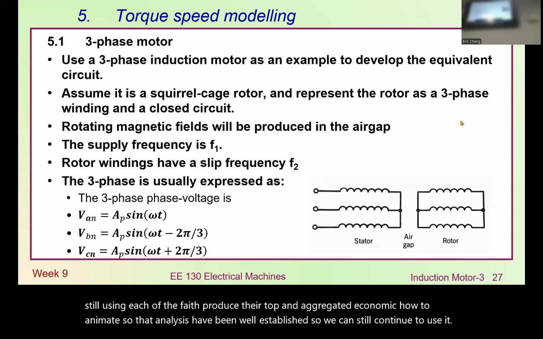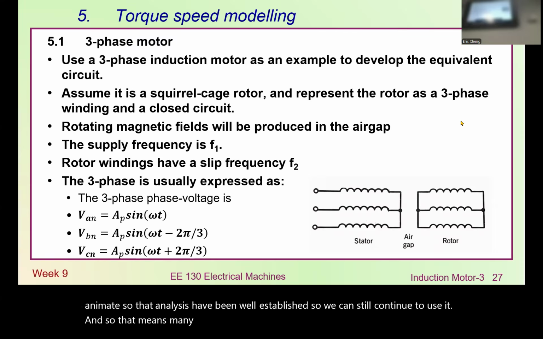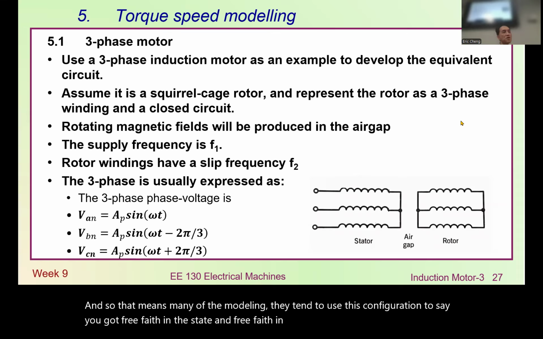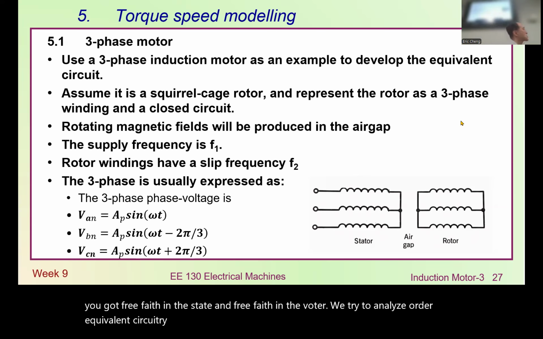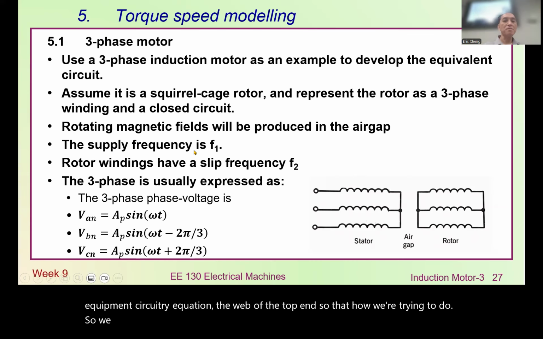So that means many of the models tend to use this configuration, saying you have 3-phase in the stator and 3-phase in the rotor. We try to analyze all the equivalent circuit equations to work out the torque and so on. So that's how we try to do it. We now have some terminology here. The supply frequency is F1, and the rotor frequency is F2.